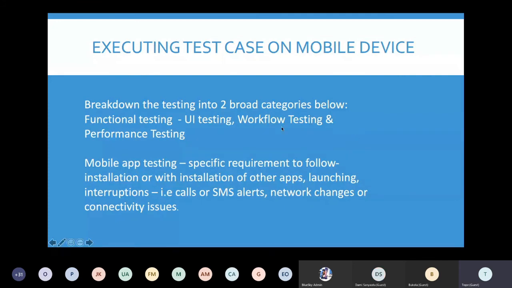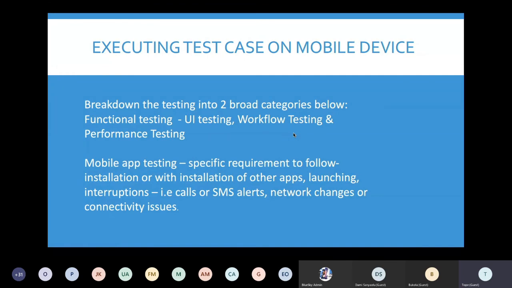Another thing you need to do is break down your testing into two broad categories. Functional testing, which is testing of the UI, the graphical user interface. Workflow testing, which is testing from one state, from one transaction, to the other. Transaction testing, and also performance.